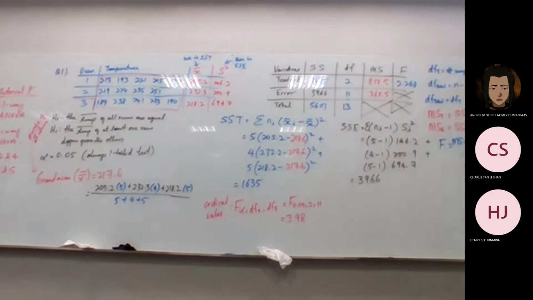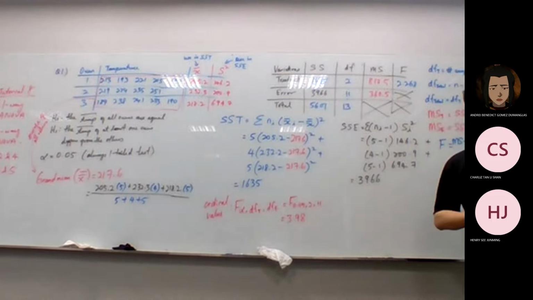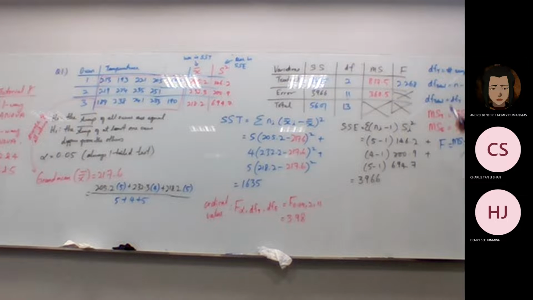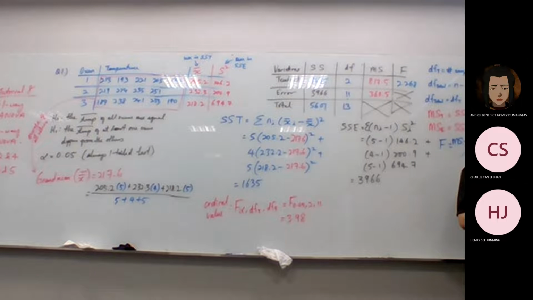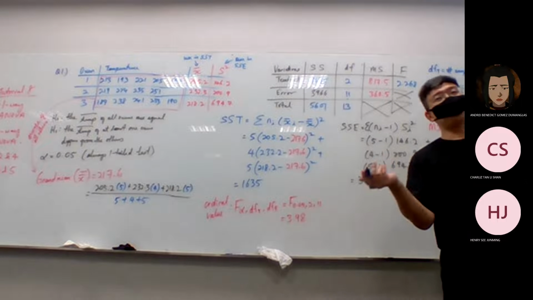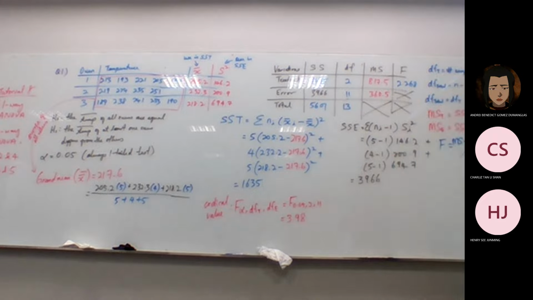So then, what is the conclusion? Do you accept or reject the null hypothesis? Compare your F statistic and your critical value. Fail to reject or reject? Fail to reject.